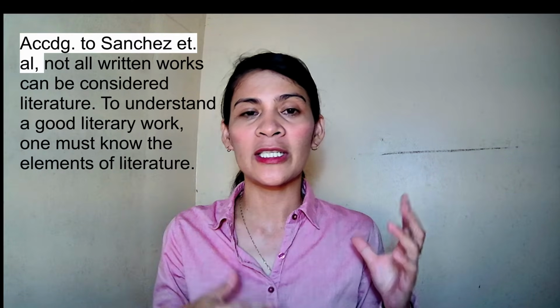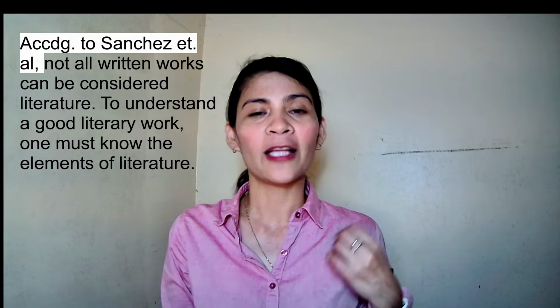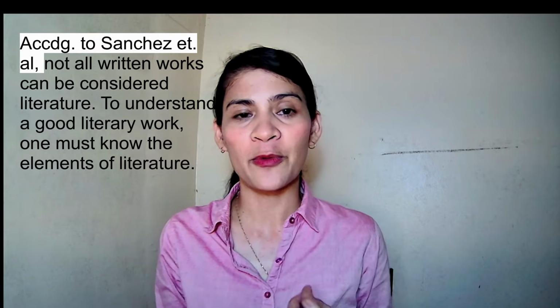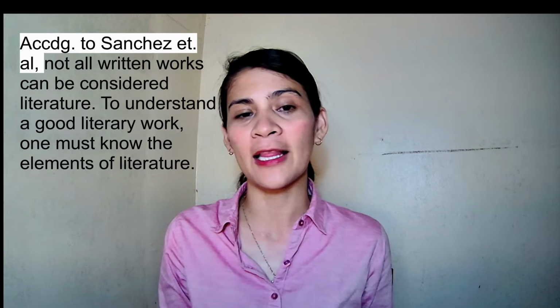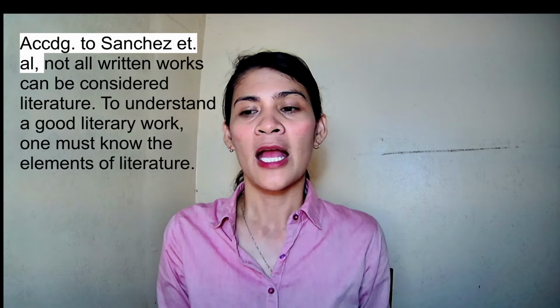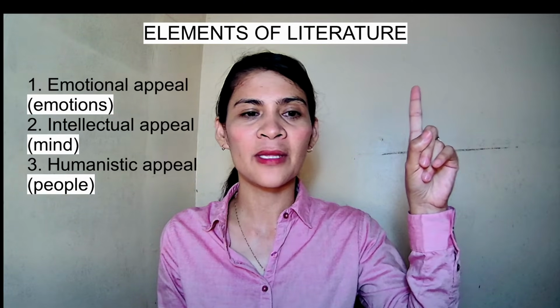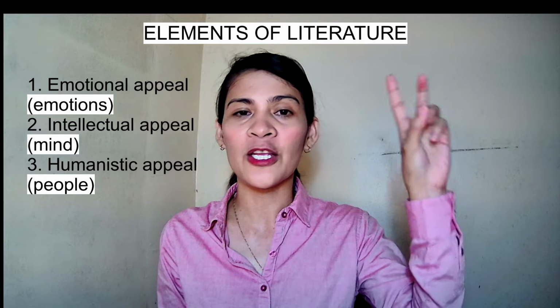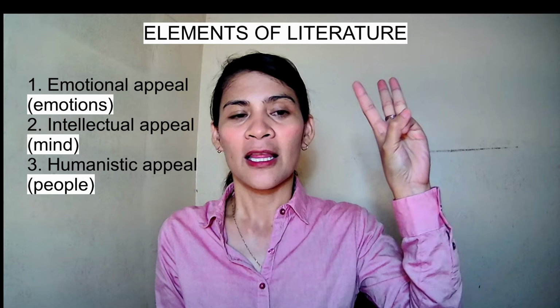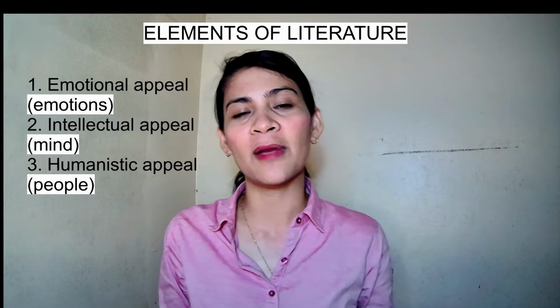Okay, so not all written books are considered literature. So to better understand a good literary work, we should know first the elements of literature. So we have the emotional appeal, intellectual appeal, humanistic appeal. These three are the important elements of literature.